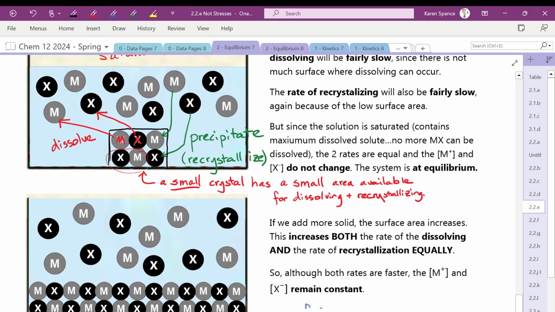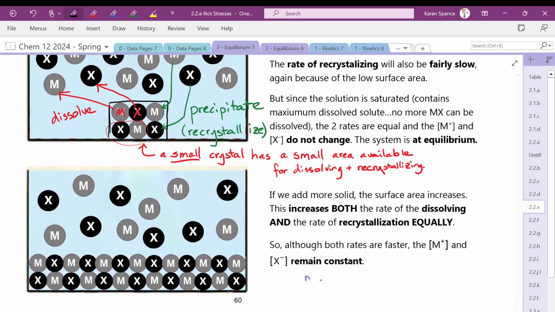What if I add more solid though? Am I going to be able to dissolve more ions? If we add more solid, can we dissolve more ions? Remember, this solution is saturated. What does saturated mean?